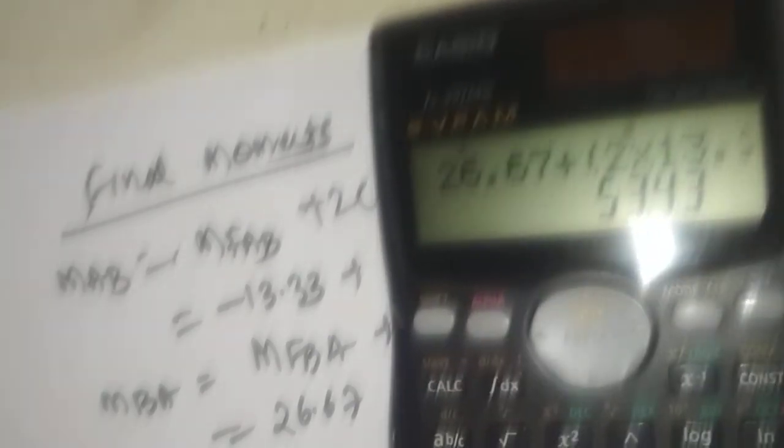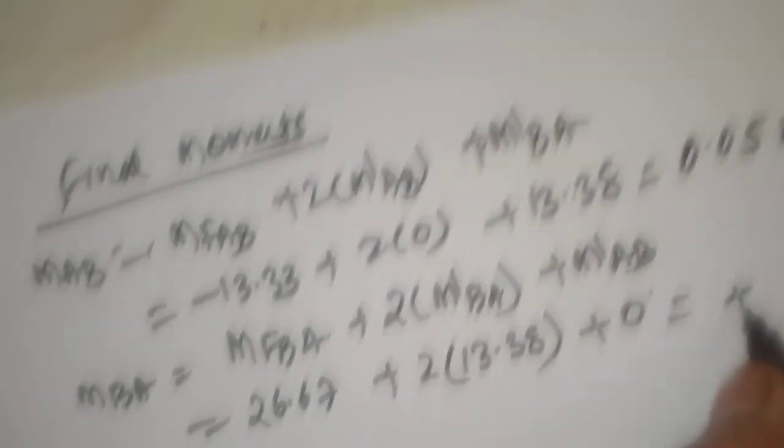So net value will be 26.67 plus 2 into 13.38. Net value will be 53.43 kilonewton meter.